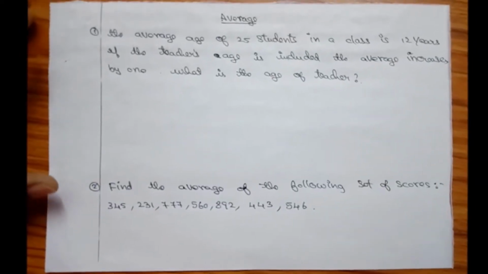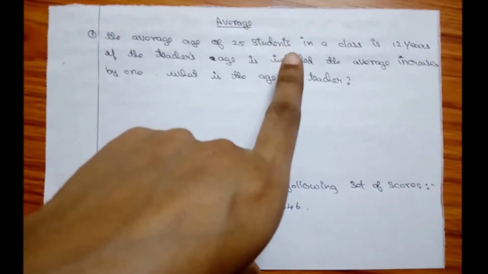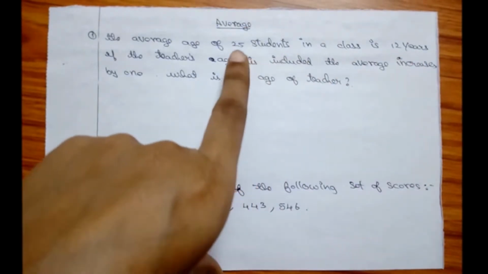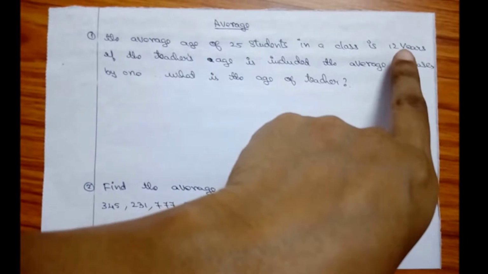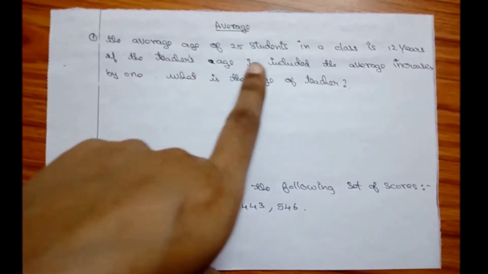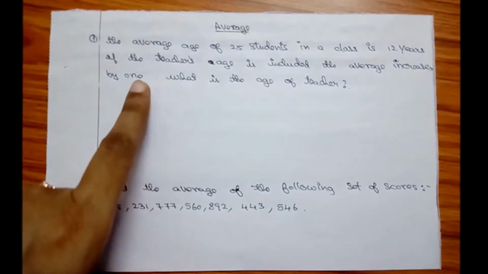For the first sum, what I have here is the average age of 25 students in a class is 12. That is, the number of quantity is 25 and their average is 12. If the teacher's age is included, the average increases by 1.